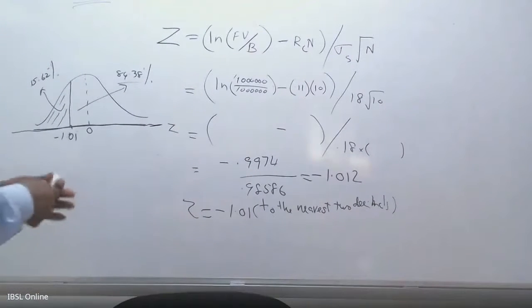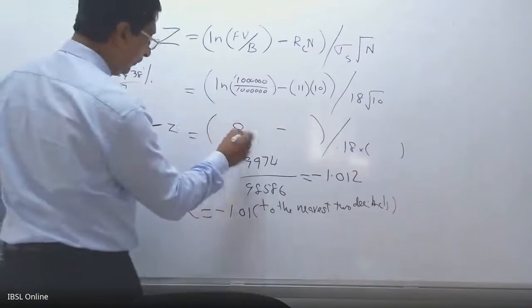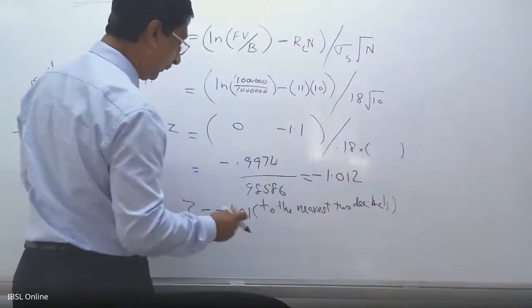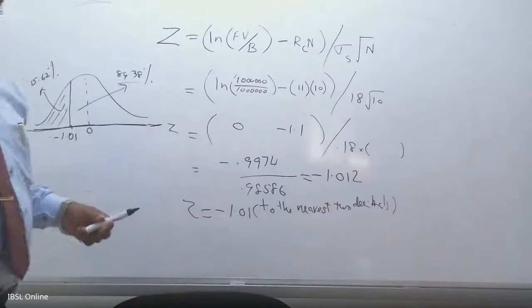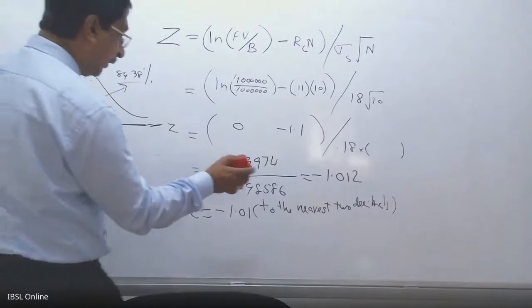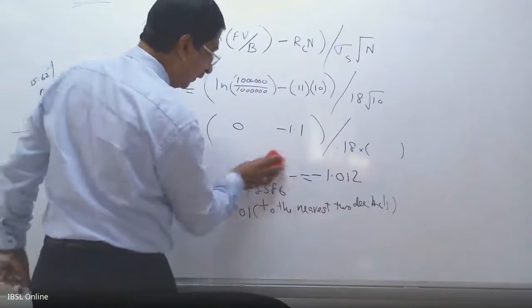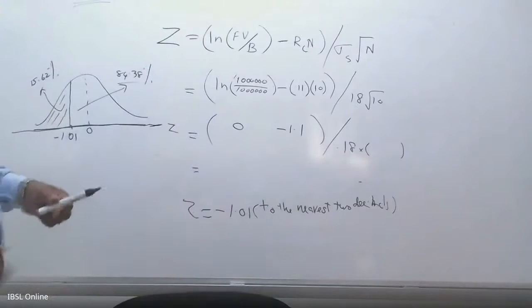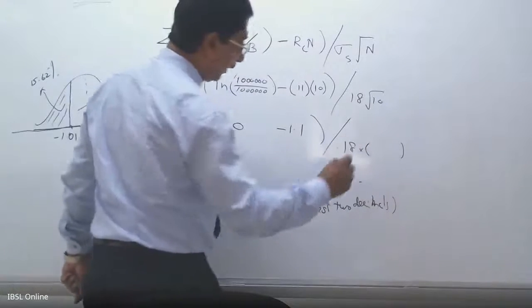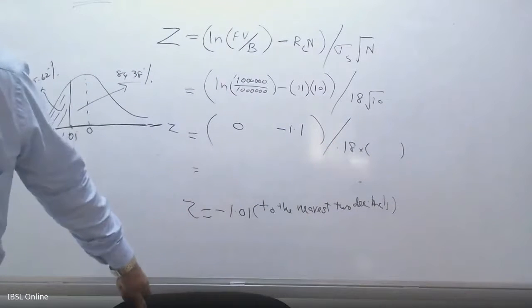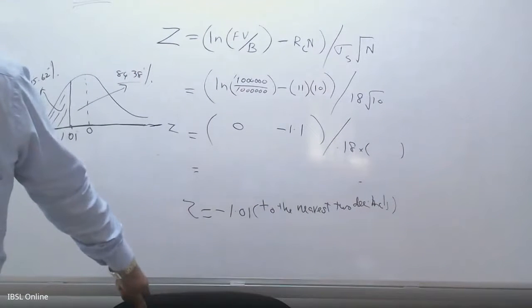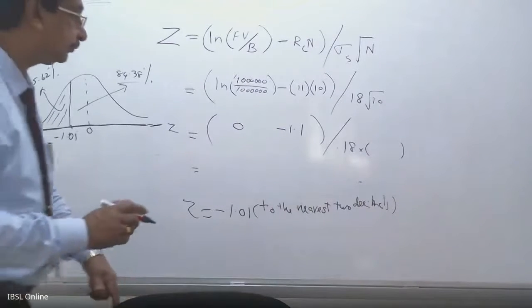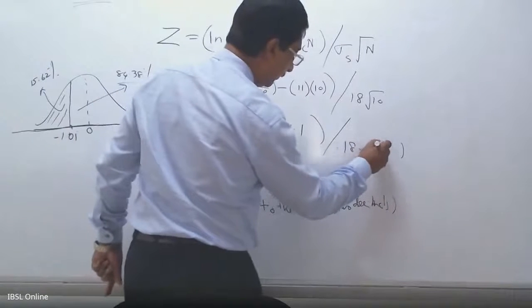Log 1 is 0. And minus 0.11 into 10 is 1.1. So the numerator comes as 0 minus 1.1. And here you get the square root of 10, that is 3.162.